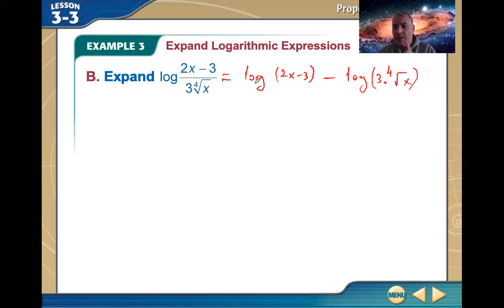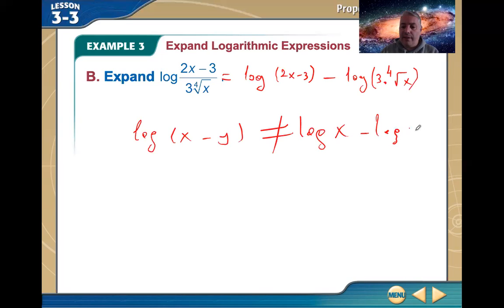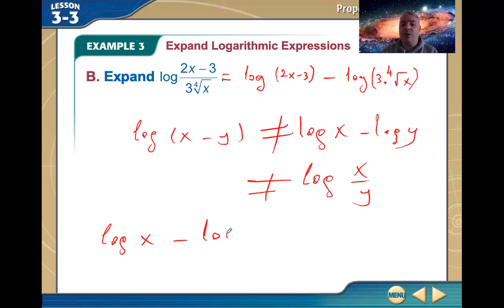One more time: the logarithm of x minus y is not equal to log x minus log y, or to log x over y. No. But if you have log x minus log y, this is equal to log of x over y. That is okay. But this, no.